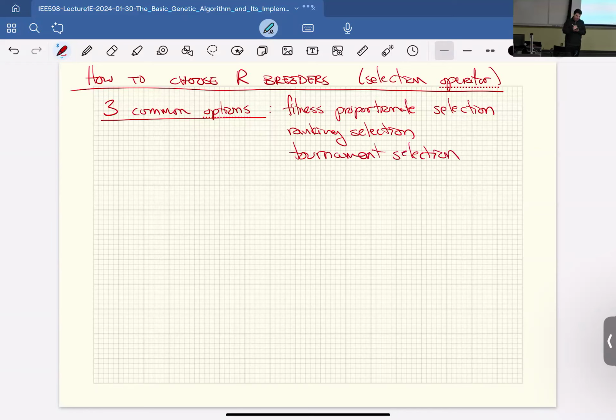And we're going to see the reason they differ in their intrinsic selective pressure, but all are tunable.